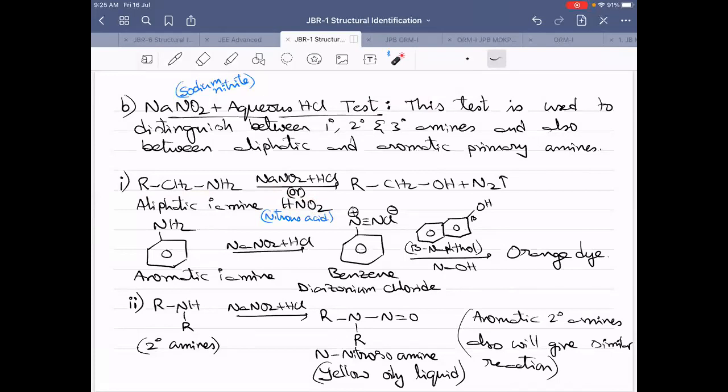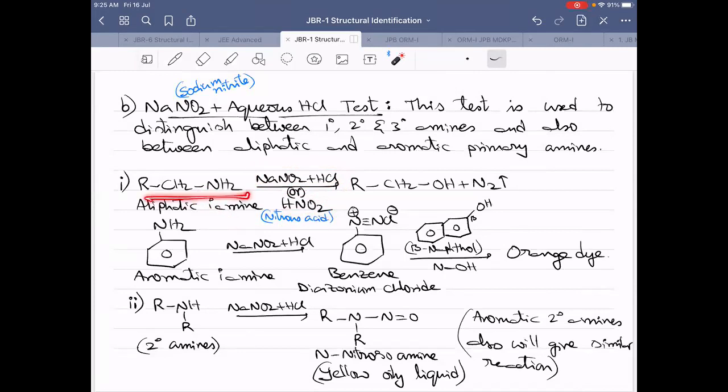So this HNO2, the unstable reagent, will be obtained by combining NaNO2, sodium nitrite, and HCl. So sodium nitrite and HCl on mixing will give HNO2, which will go and react with the amines.